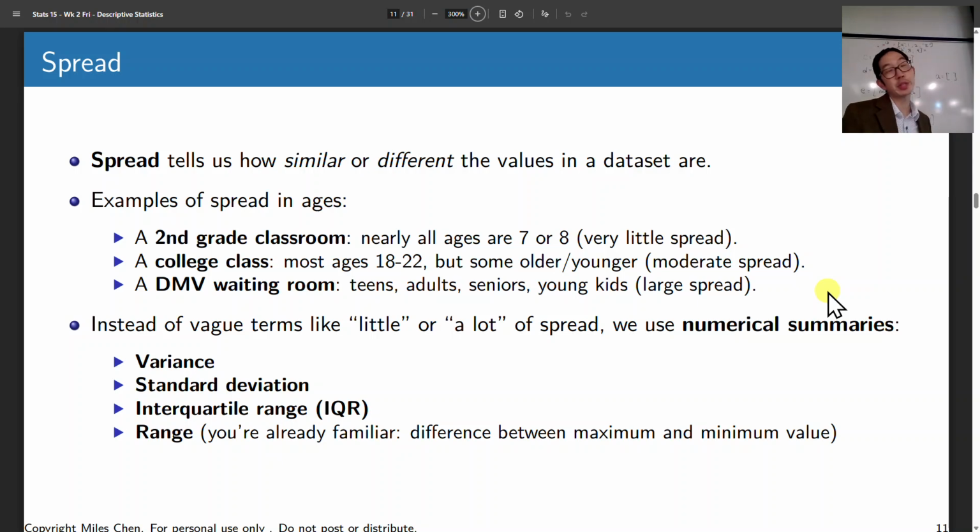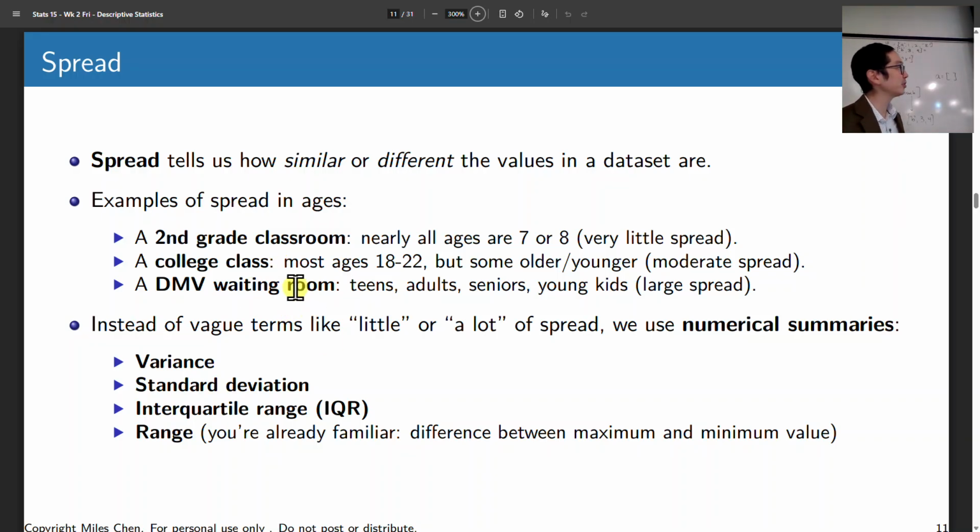And so you're going to have more spread there, okay? It's not like in the second grade classroom, where everyone is born in the same year. In the college classroom, it's like, when did you graduate high school? And it's going to be a little bit different, okay?